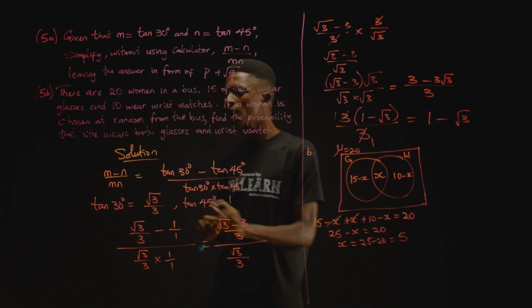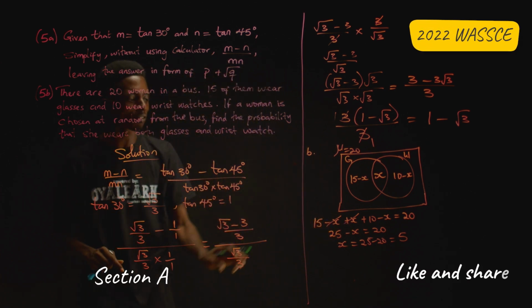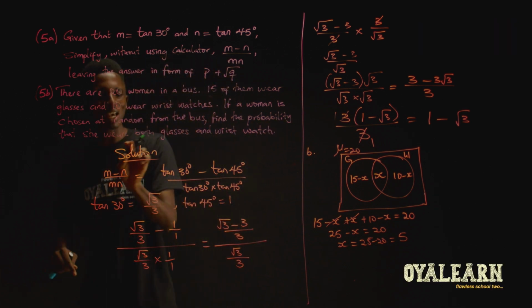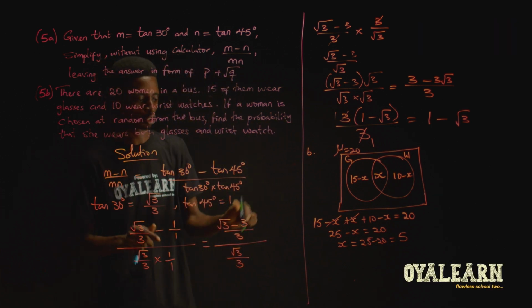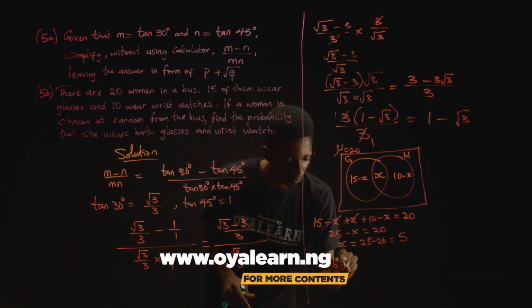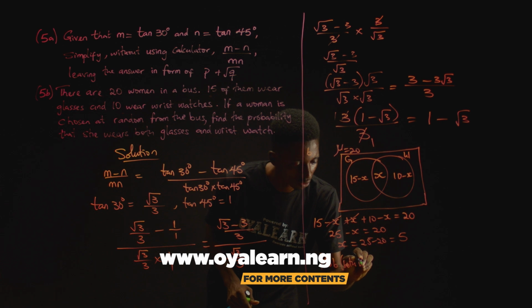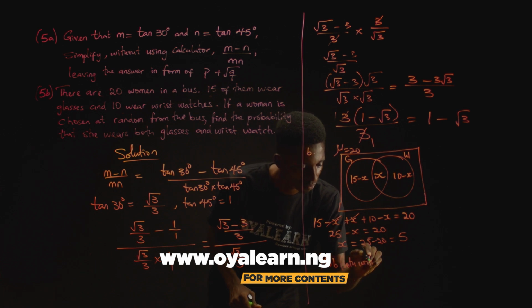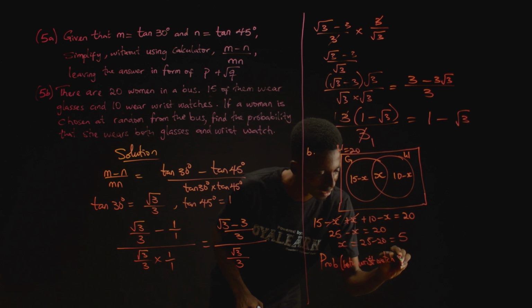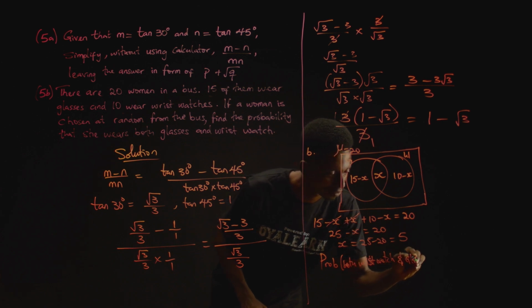Okay, but the question tells us that if one of them is now picked at random, what is the probability that she wears both glasses and wristwatch? So the probability in this case of both wristwatch and glasses.